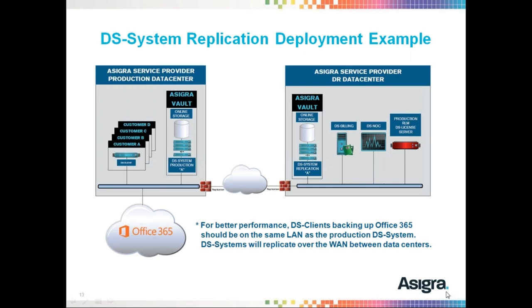It is going to be, of course, a lot faster from the perspective of the speed of the backups, because we're able to quickly bring them down, and especially with our bulk API, bring down a lot of items and process them quickly at LAN speed to the DS system.